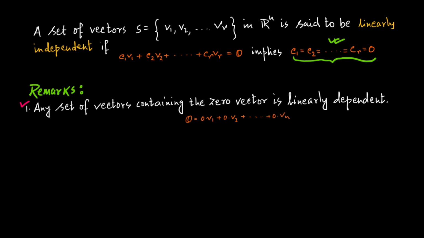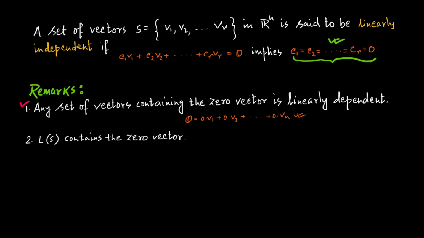So if your set contains the zero vector, you can represent that zero vector as a linear combination of the other vectors in your set in this way. This leads to another observation, that the linear span of any set of vectors contains the zero vector, because you can represent the zero vector as a linear combination of any collection of vectors.